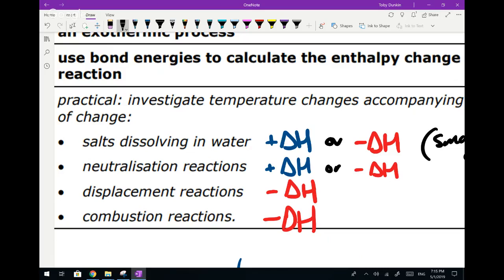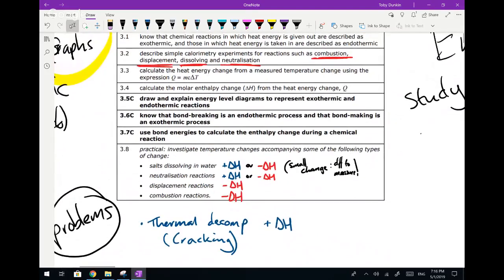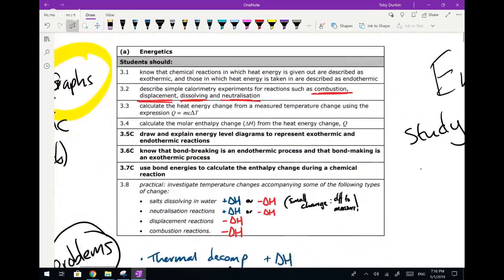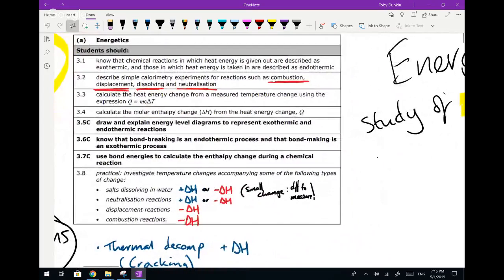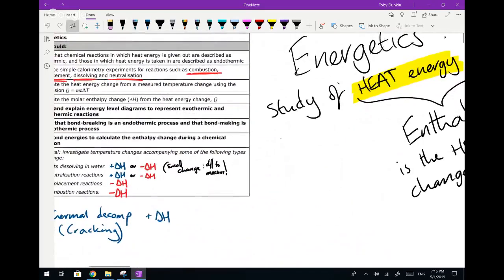You can almost predict exothermic or endothermic enthalpy changes for neutralizations depending on the products. If you make a gas like carbon dioxide, it will probably be endothermic. That is an A-level rule, really, more than a GCSE rule, but it's lovely to have. But displacements and combustions are always exothermic.